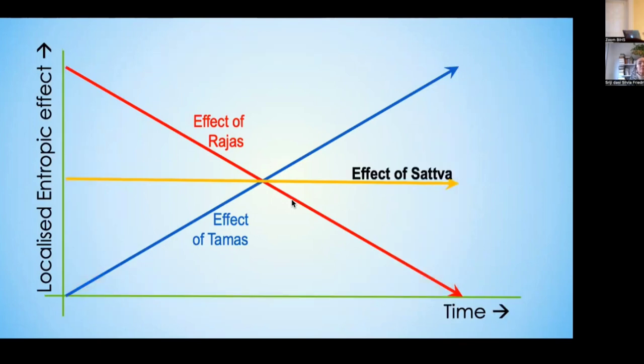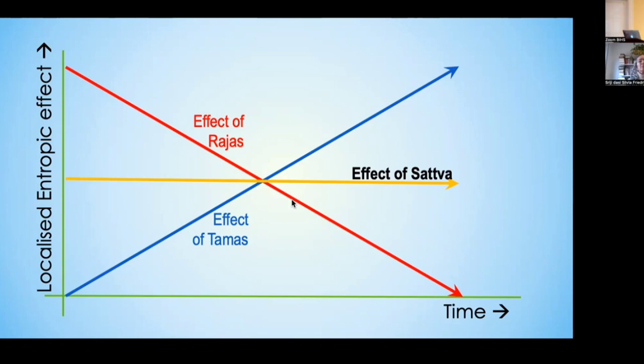And at the beginning of any cyclic time, it seems that Rajas is most active and then decreases its influence. Tamas is least active, but then increases its influence over time. Sattva decides how long those things extend. So you have a little chart like that.